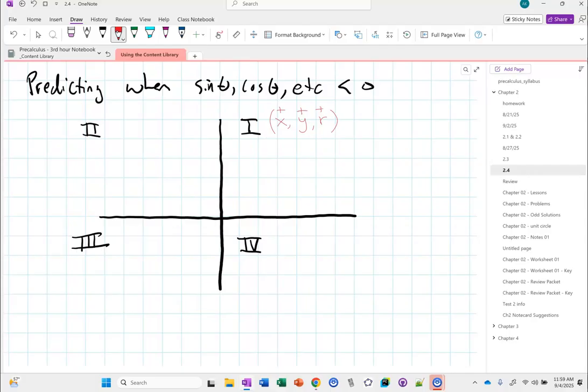So all of our trig functions will be positive in the first quadrant, or when the terminal side ends in the first quadrant, I should say.